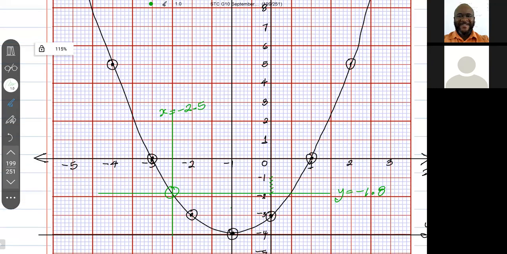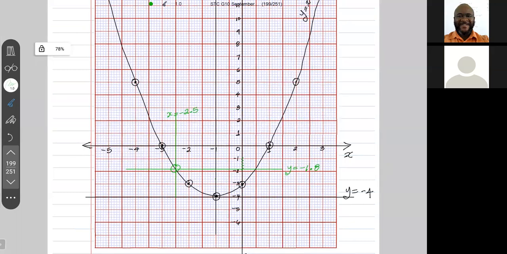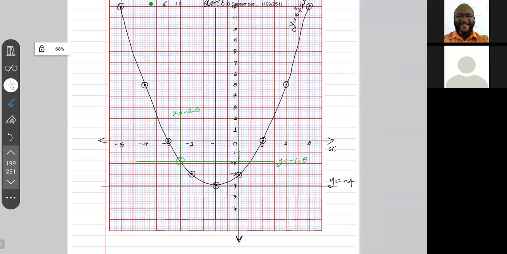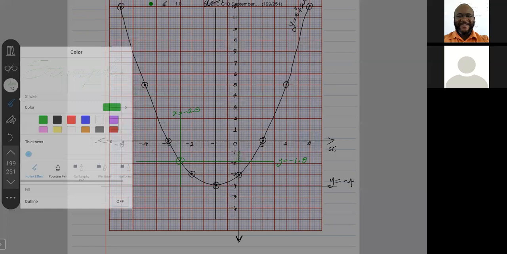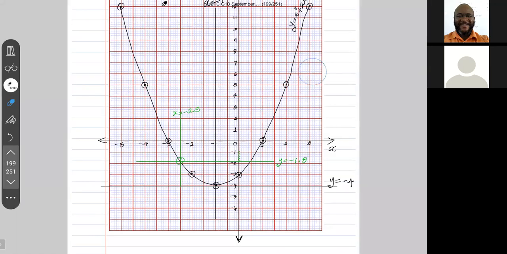All right. So the first thing I need to do is to identify the point on the graph where x is 2.5. The perfectionist in me wants to fix something. I want to fix in between here.